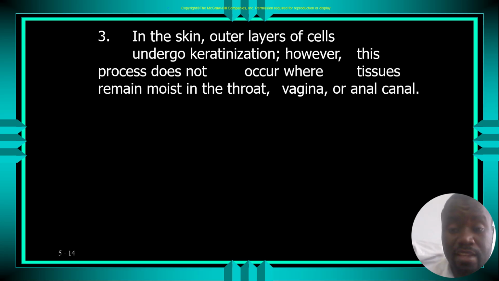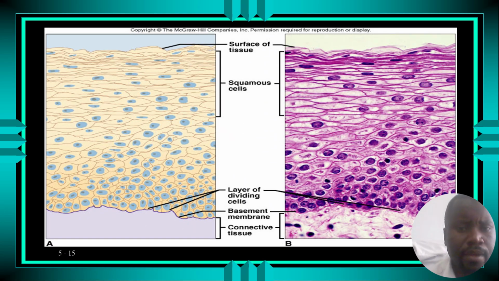So the vagina is one place where you find non-keratinized stratified squamous epithelium. I'm sure the gentlemen won't forget that. This keratinization process does not occur where tissues remain moist, as in the throat, the vagina, and the anal canal. So this is what we are talking about. You can see flat cells, but so many layers of them.